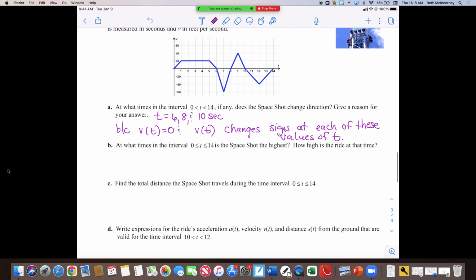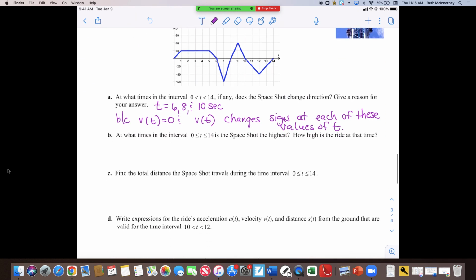All right, letter B. At what times in the interval from 0 to 14 seconds is the space shot at the highest? And how high is the ride at that time? So this is really asking me for a maximum, and that's the very last thing we went over.